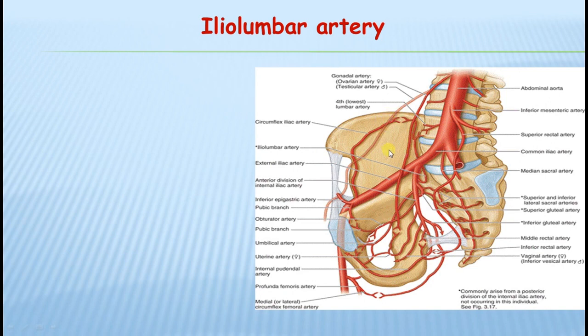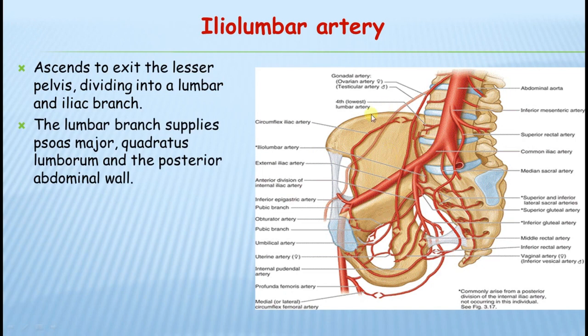So the ilial branch is present beneath the psoas major and iliacus muscle, reaches the iliac fossa and provides branches to the muscles and a nutrient branch to the ilium, whereas the lumbar branch ascends in the substance of psoas major and anastomoses with the fourth lumbar artery. You are able to see the lumbar arteries, the fourth lumbar artery.